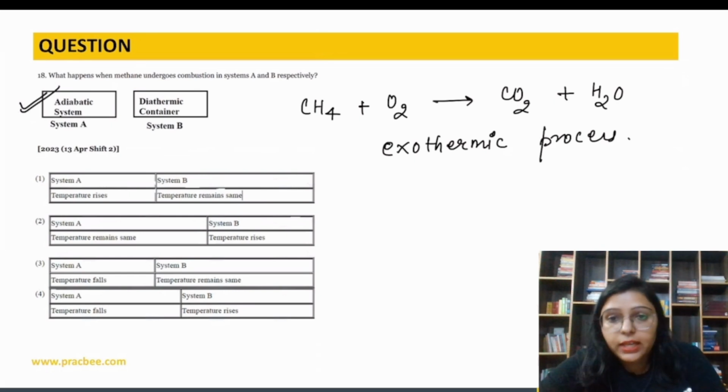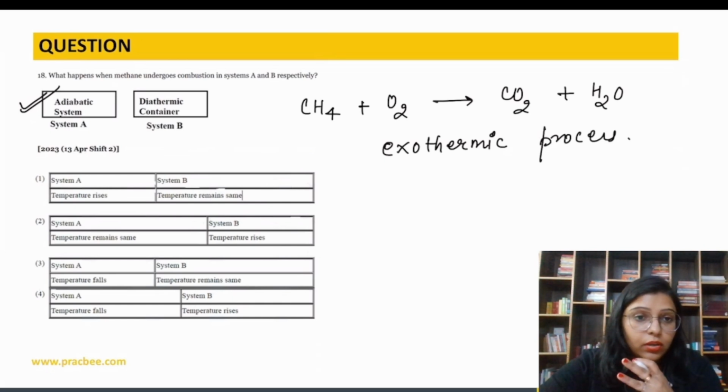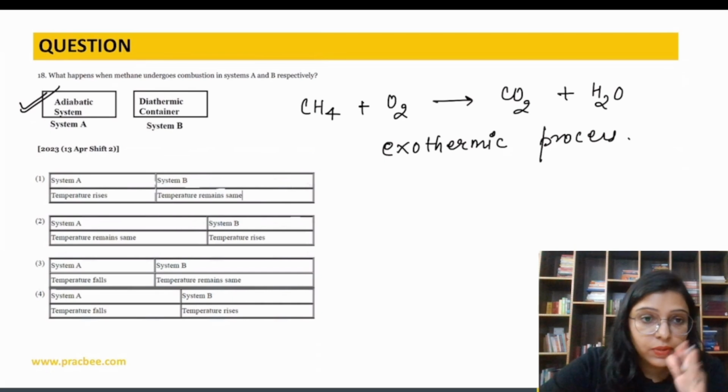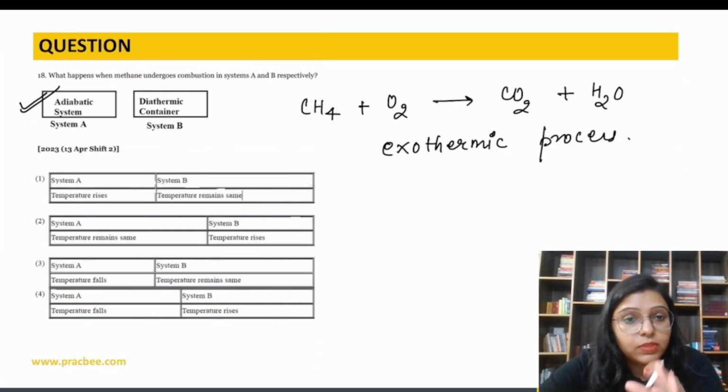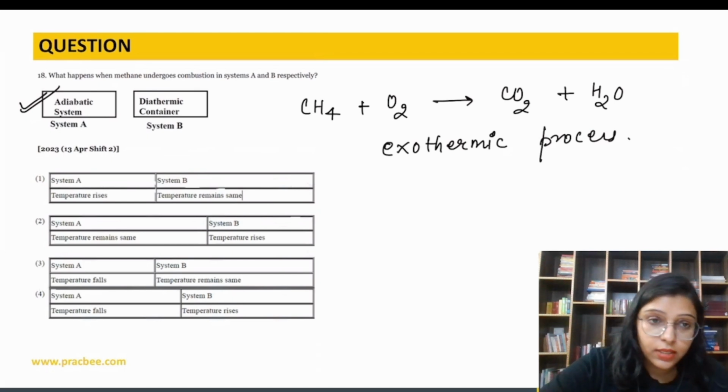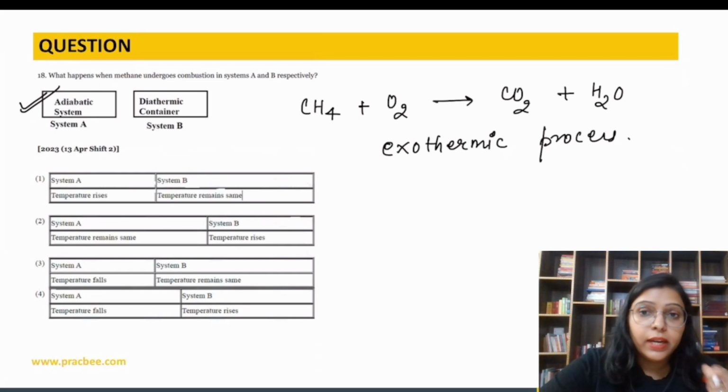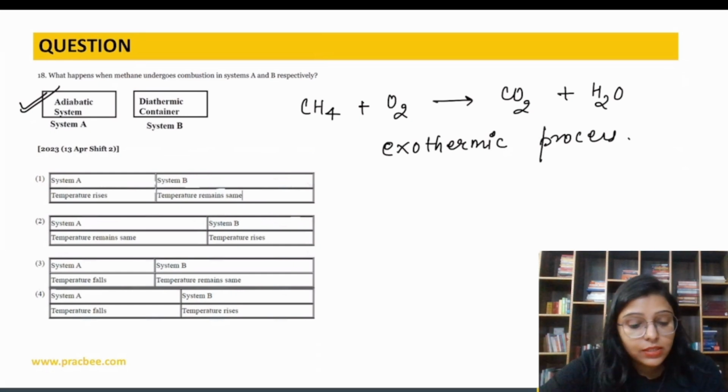If we have an adiabatic system, it means we cannot exchange heat between system and surrounding. So what happens? Due to the heat released during this process, the temperature of the system increases. So we can say temperature rises.